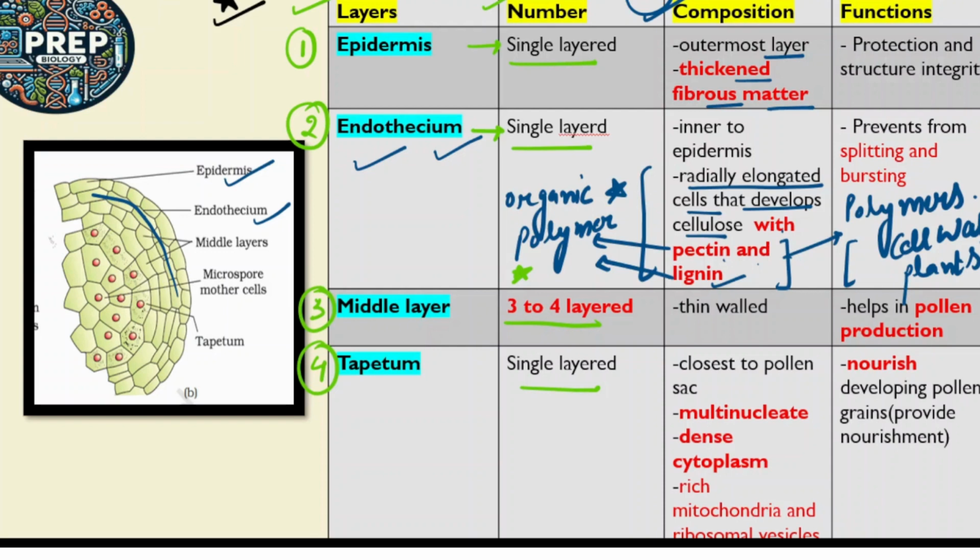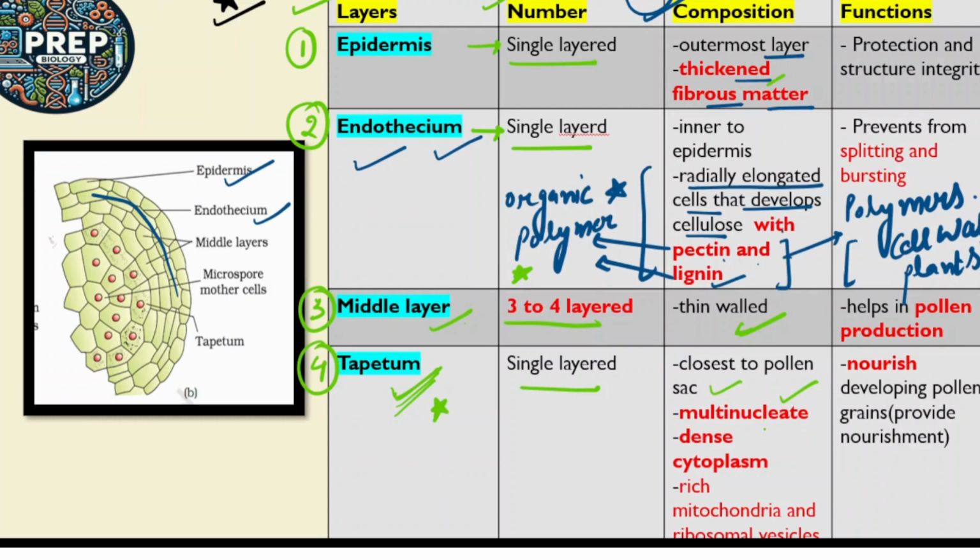Now next layer is the middle layer. Middle layer is thin walled. This is very important. This is thin walled and epidermis is thick walled. And the tapetum, this layer is very important. It is close to the pollen sac because it is innermost. It is multinucleate.